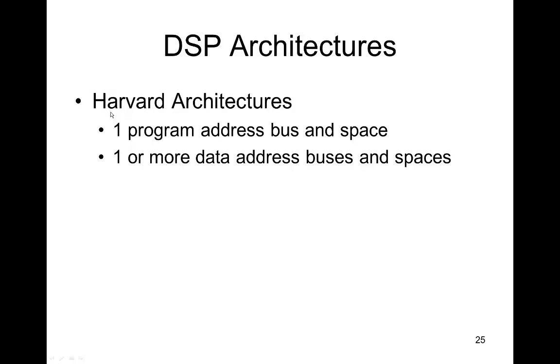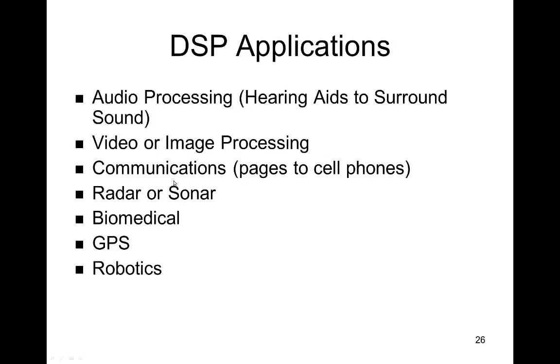Many of them use a modified Harvard architecture, where we have one address bus into memory just for instructions, and then two data address buses and two data buses coming out of memory for reading the sample as well as the coefficient. And so basically we're able to support a single order filter in a single cycle at least. And many of these DSPs have more capabilities than that.